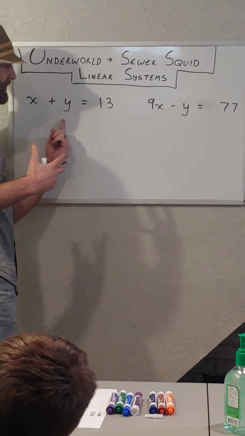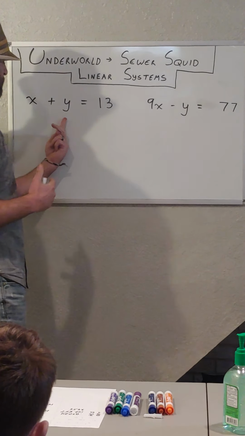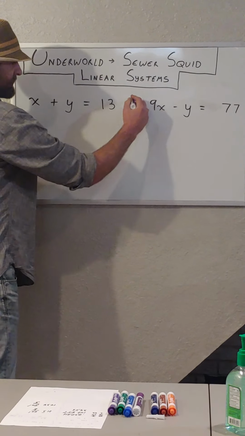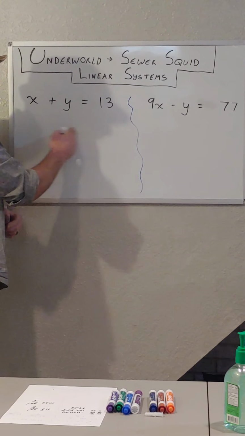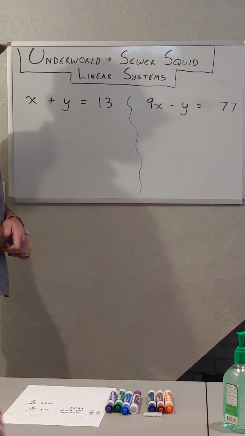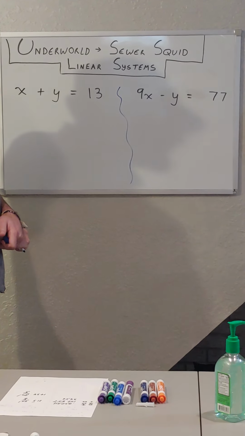But on both of these, what I want to do is get my y all by itself. So on this one, what could I do to get the y all by itself, do you think, on this left side here? Any suggestions how you might be able to get the y by itself? Nobody?